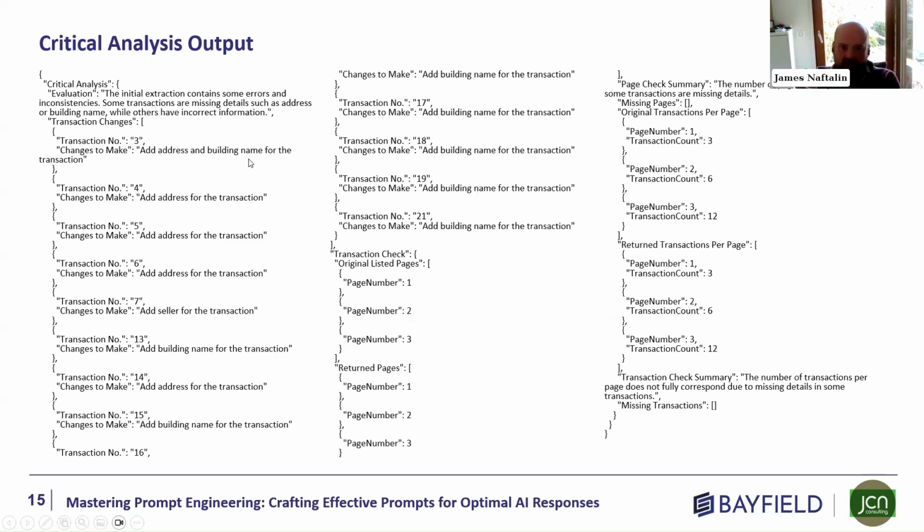So here's an example of the sort of feedback it will give. So add the building, add the address and the building name. I think this is actually an old version. I now have an additional line which would be give the corrected response as well, because that again makes it slightly better.